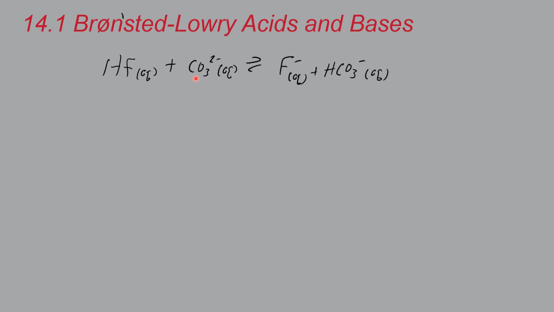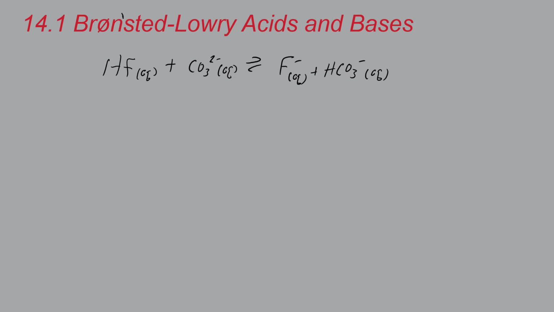On the other hand, the carbonate went from CO3 2 minus to HCO3 minus. So it picked up an H in its formula, and the charge went up by 1. This is the hallmark of picking up a proton, an H plus.